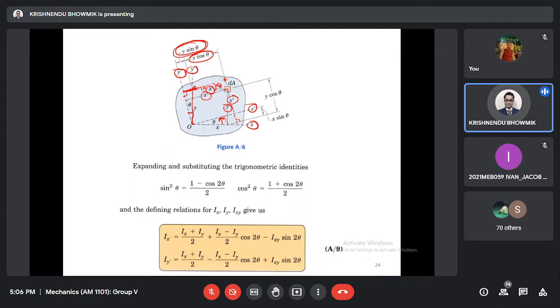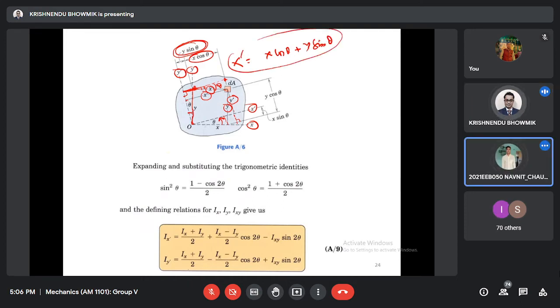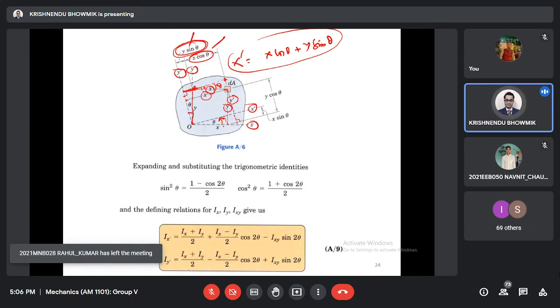Understood? If this is x, this is theta, this is x cosine theta. X prime will be x cosine theta plus y sin theta. Have you understood this? Yes, sir. This to this distance will be y sin theta plus x cosine theta. We got that point.